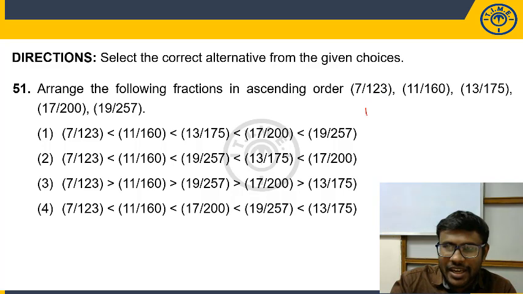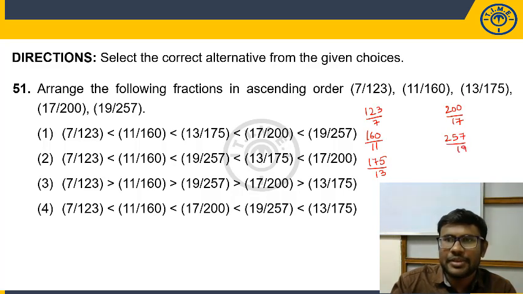So I take 123 by 7, 160 by 11, 175 by 13, 200 by 17 and 257 by 19.